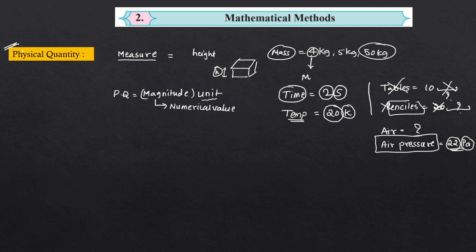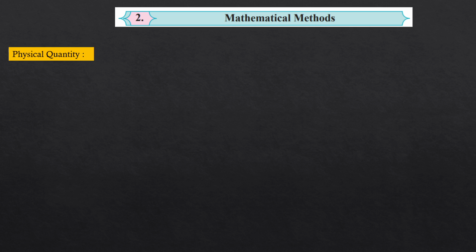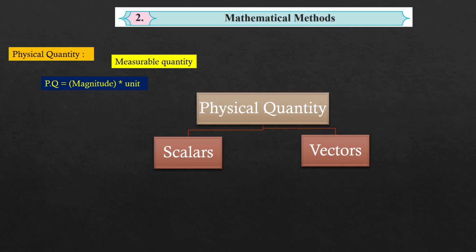Okay, let's go next. So a physical quantity is a quantity which we can measure, and it is always represented in the form of magnitude and unit. Basically there are two types of physical quantities.